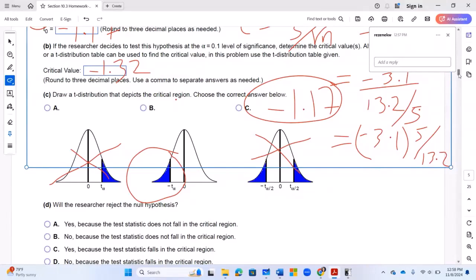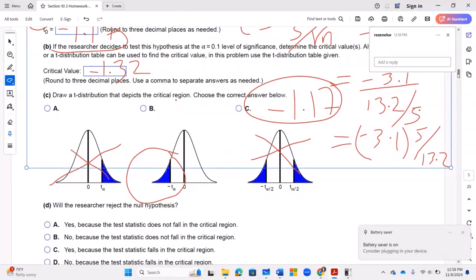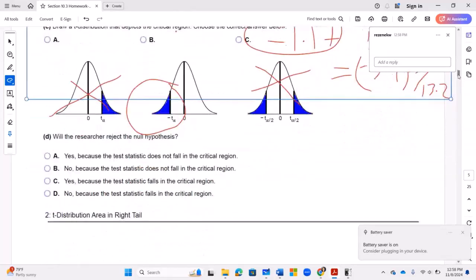Will the researcher reject the null hypothesis? No, because the test statistic fell into the acceptance region. This quantity is actually in the acceptance region. Therefore, the researcher will accept the null hypothesis.